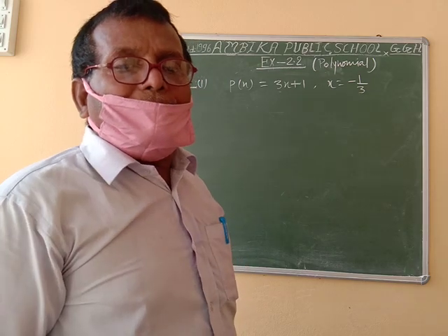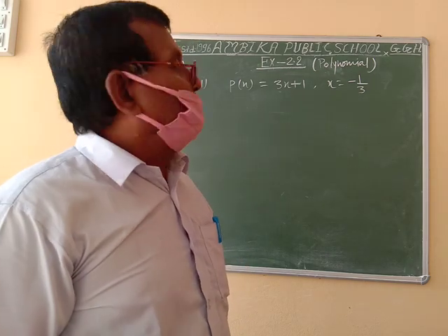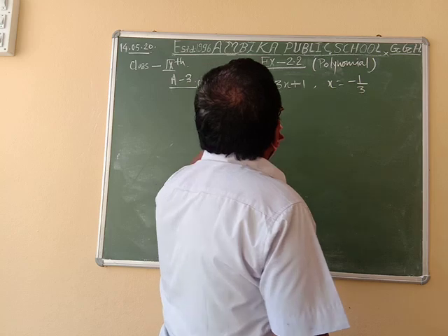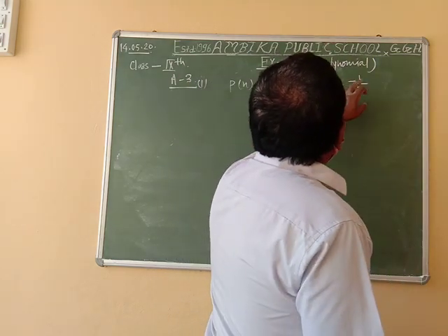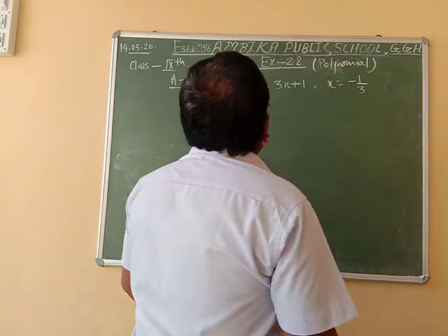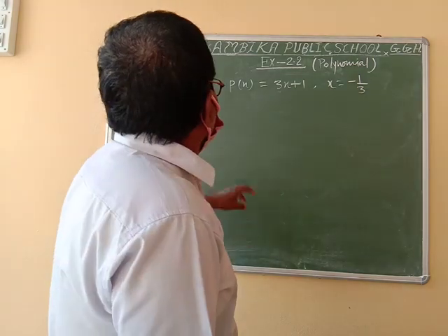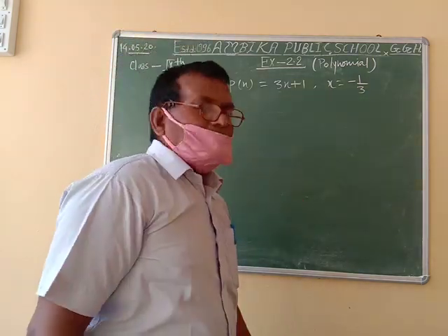Verify whether the following are zeros of the polynomial. Here we have to show that x is equal to minus 1 by 3 is a zero of polynomial p(x) is equal to 3x plus 1.